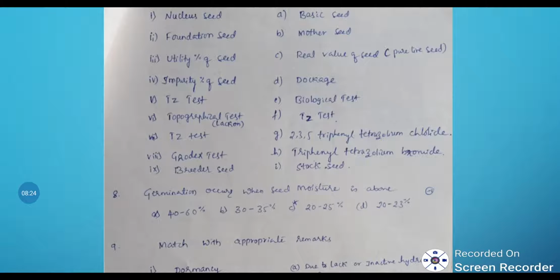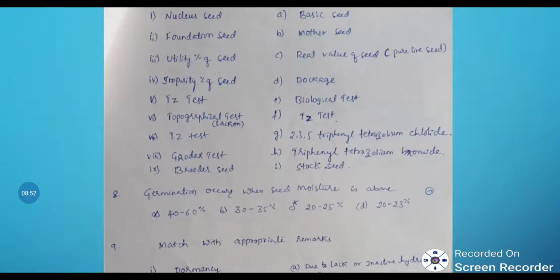Remember, TZ test involves 2,3,5 triphenyl tetrazolium chloride, but Grodex test includes the chemical triphenyl tetrazolium bromide. Breeder seed is also called stock seed. Here you need to remember, nucleus seed is known as basic seed, breeder seed is known as stock seed, and foundation seed is known as mother seed.